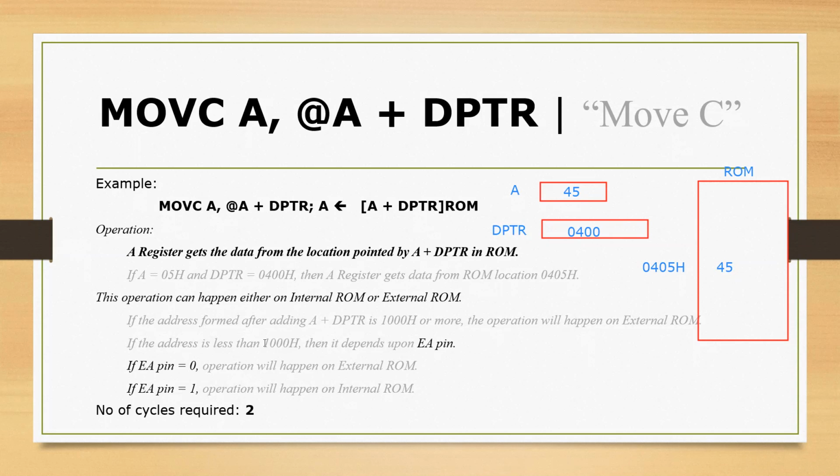So if it is less than 1000 hex, it may be internal or external ROM, depending on the external access enable pin. If the EA bar pin is equal to 0, it happens on external ROM, and if the EA bar pin is equal to 1, it happens in the internal ROM. It requires 2 cycles.